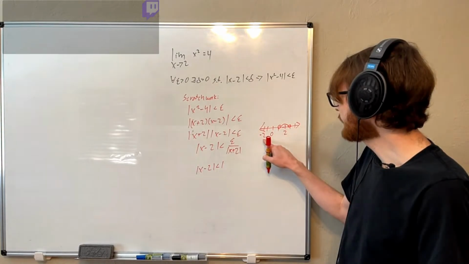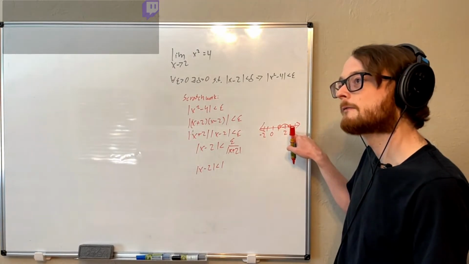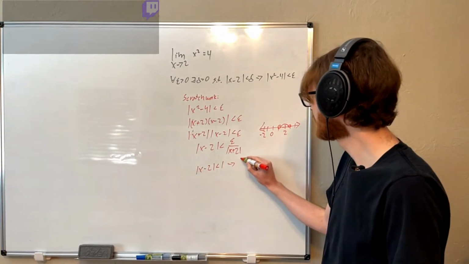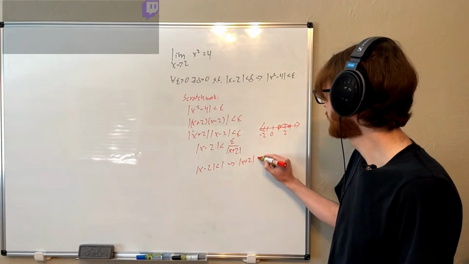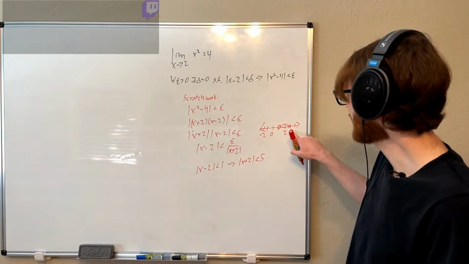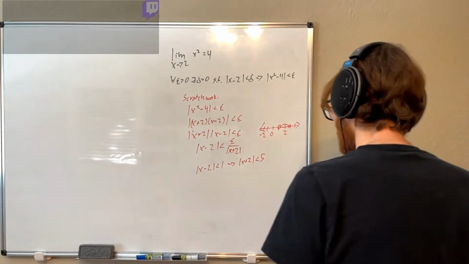That means negative 2 is at worst 5 away. If we take the far end of that, well, don't we have to take the far end of this too? So it should be less than 6.